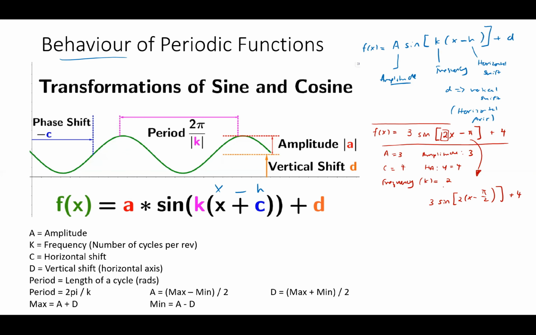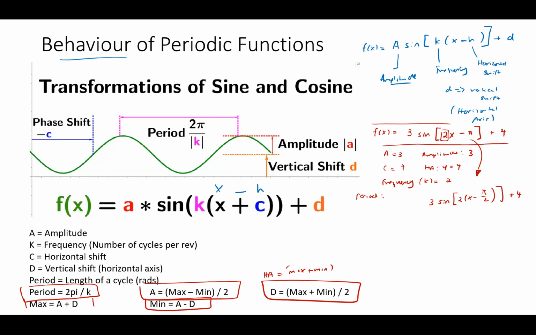This is really important because now you know what your frequency is, and as a result, you can determine your period. I've written down all of the equations that you guys need here, so make sure you know all of this. Try to know maximum, amplitude, minimum point, and the d value, which is your horizontal axis: maximum plus minimum divided by 2. It's basically the same thing here, just refer to the letters.